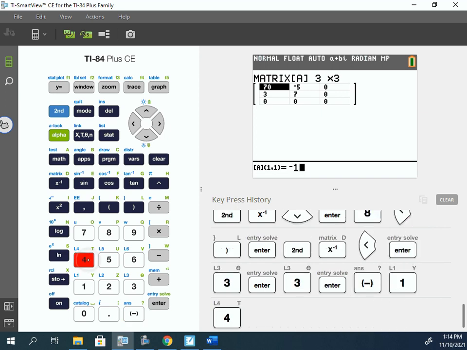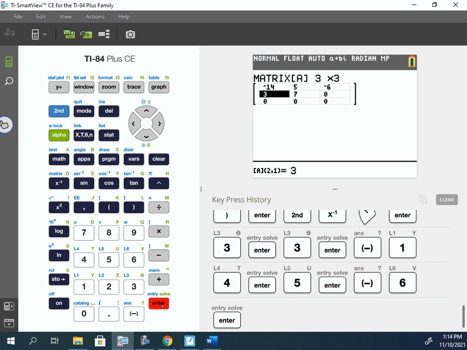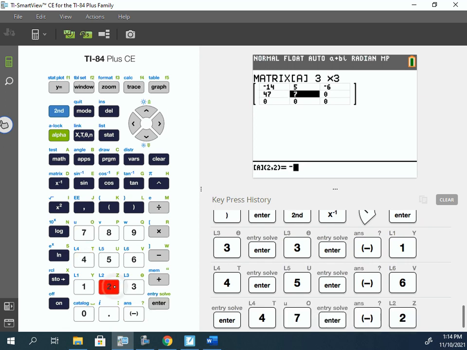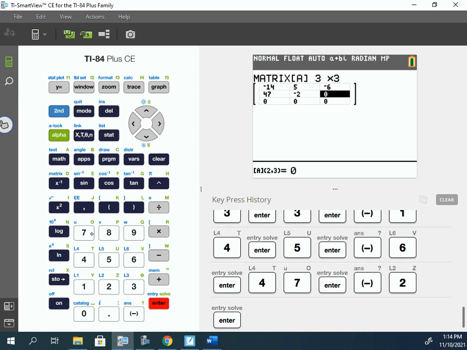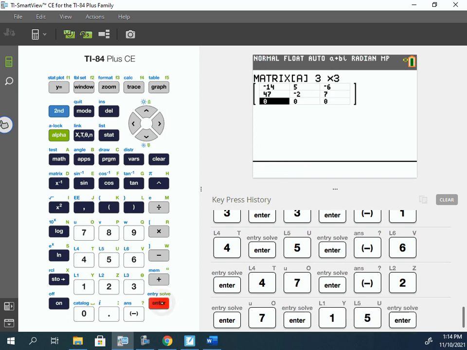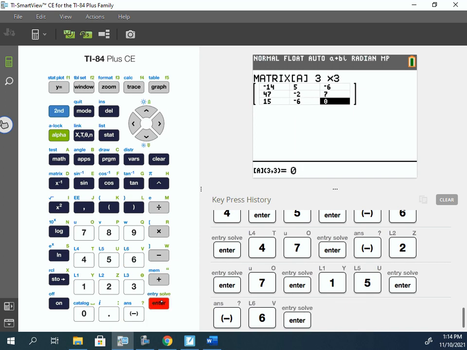We have -14, 5, -6, 47, -2, 7, 15, -8 is our first matrix.